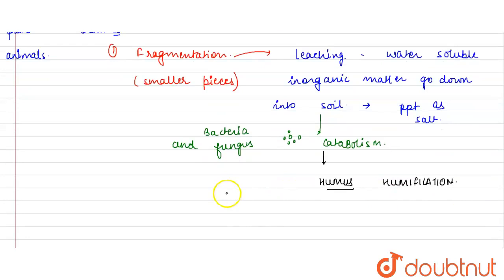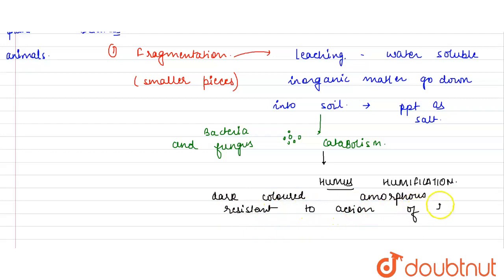What is humus? Humus is a dark colored amorphous substance which is resistant to the action of bacteria. Because of this, it will undergo decomposition at a very slow rate.